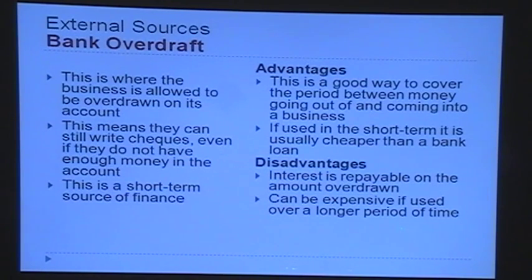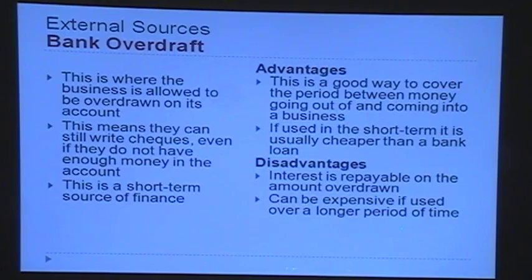The good advantage here is it is a good way to cover the period between money going out and your cash inflow. If used in the short term, it is usually cheaper than a bank loan. Most banks provide overdrafts on an interest-free basis.